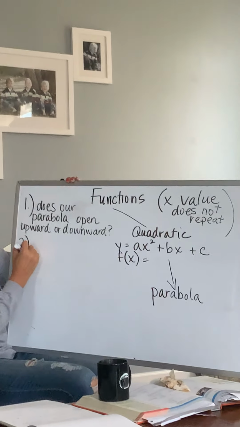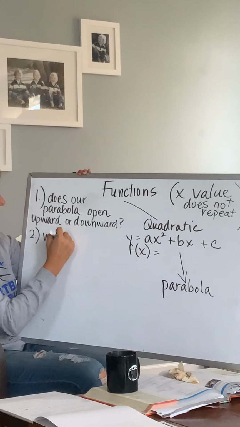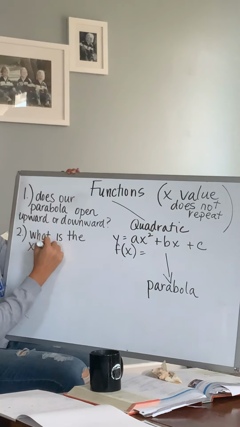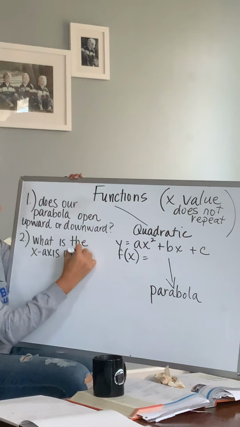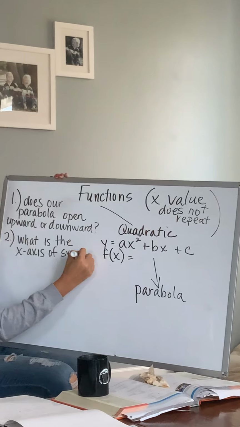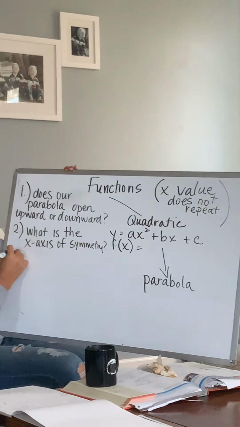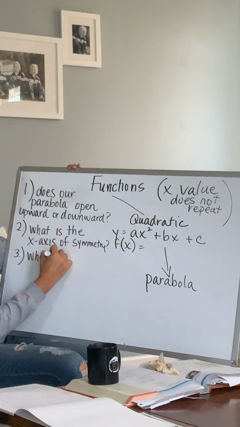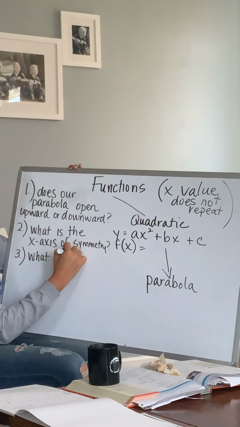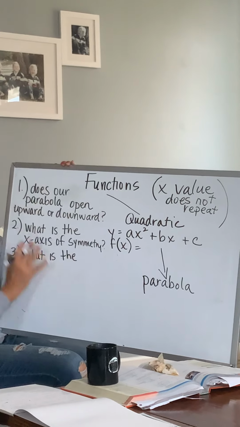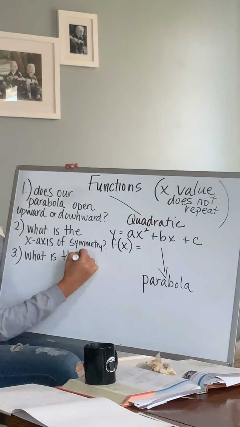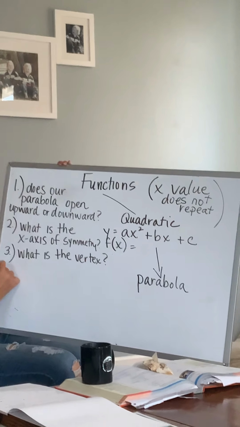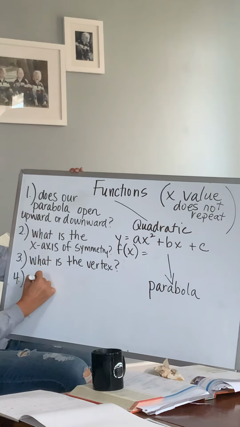Second thing is, what is the x-axis of symmetry? The third thing is, what is the vertex? How do we find it? How we're finding this will come up next. What is the vertex? Then the next thing we're going to look for are our x-intercepts.